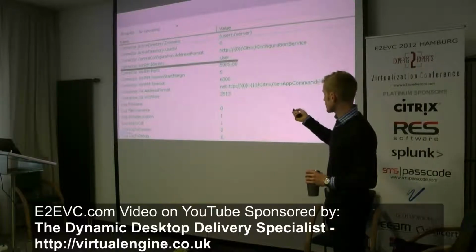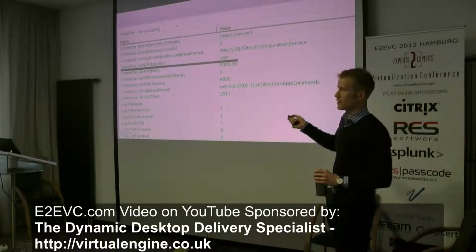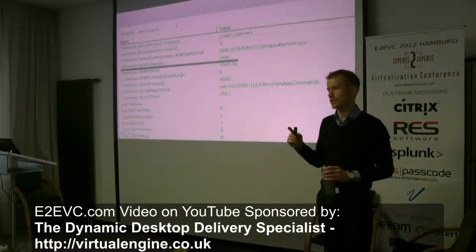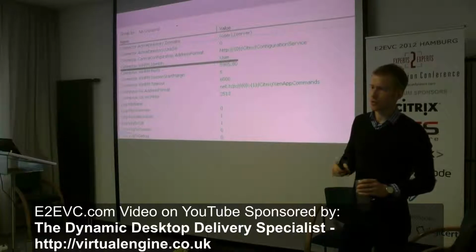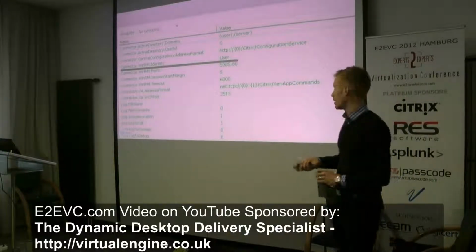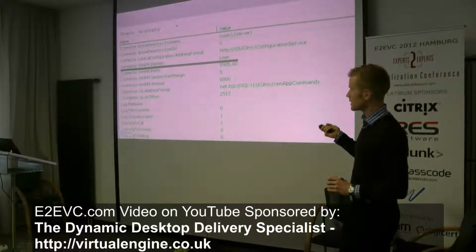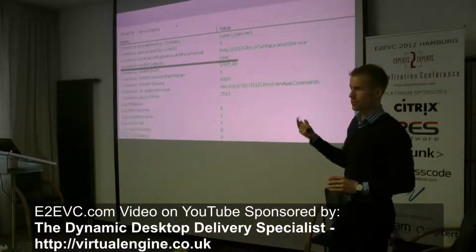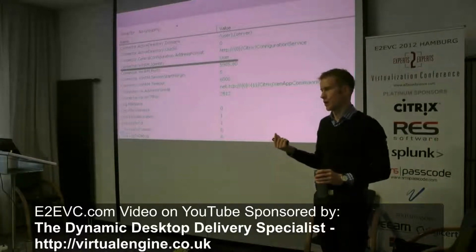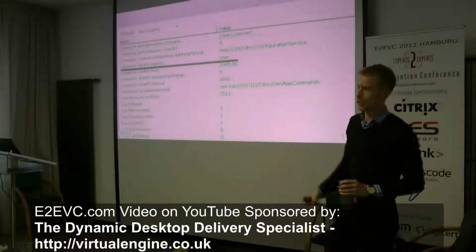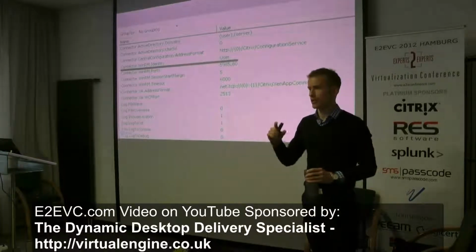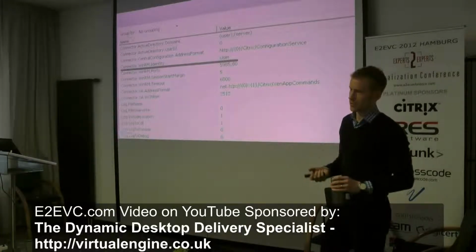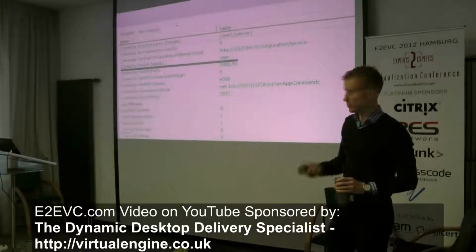What you can do is set that to service, and then it's going to use the computer account of the Desktop Director server to connect to the endpoint to get that HDX report. So it's probably easier to set that to service, and then you've just got to put 1 or 2 or 3 of your Desktop Director computer accounts in a group, and that group is then configured on the endpoints. Otherwise, you have to put all your Desktop Director users into a group.